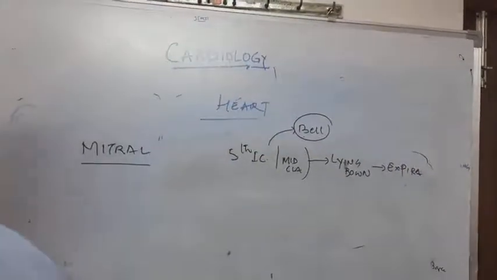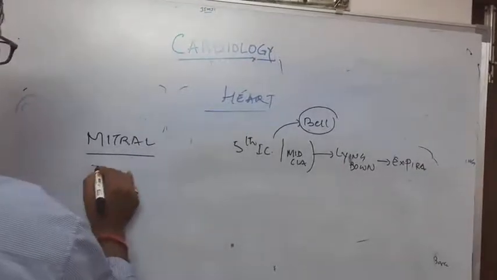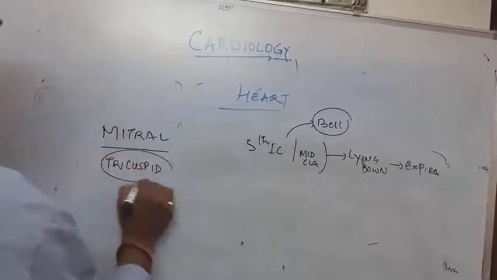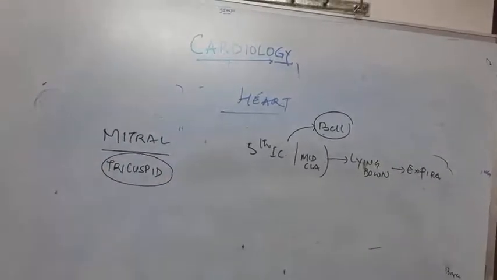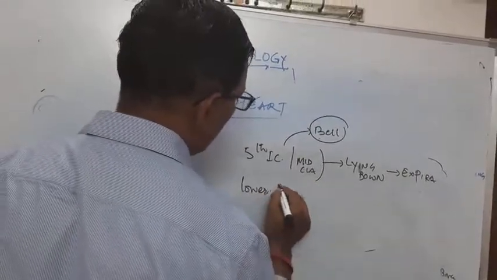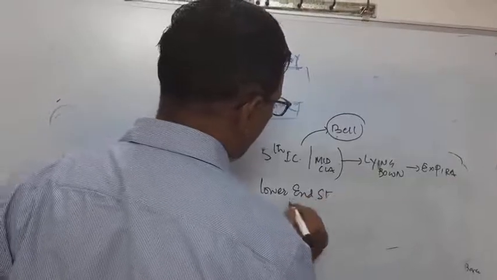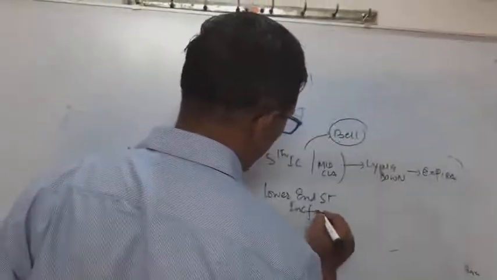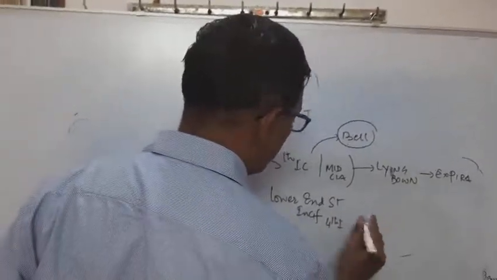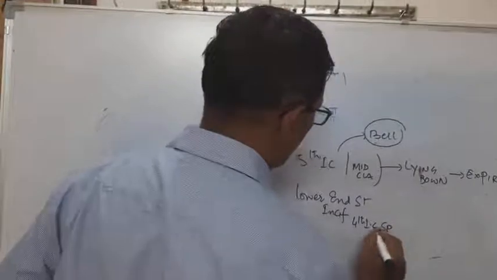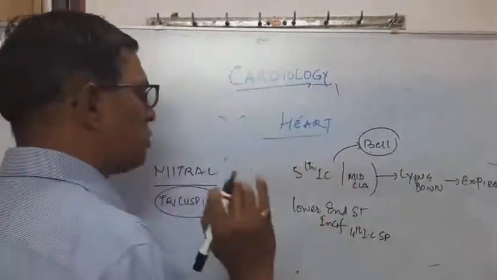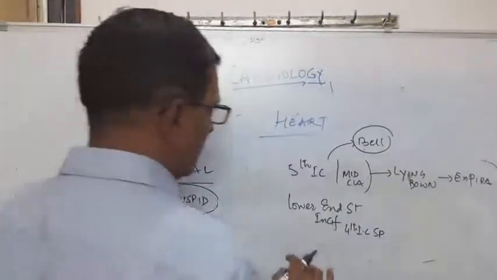The second will be your tricuspid. Where do you find the tricuspid? The tricuspid is found at the lower end of the sternum near the ensiform cartilage, or the fourth intercostal space just next to your sternum.